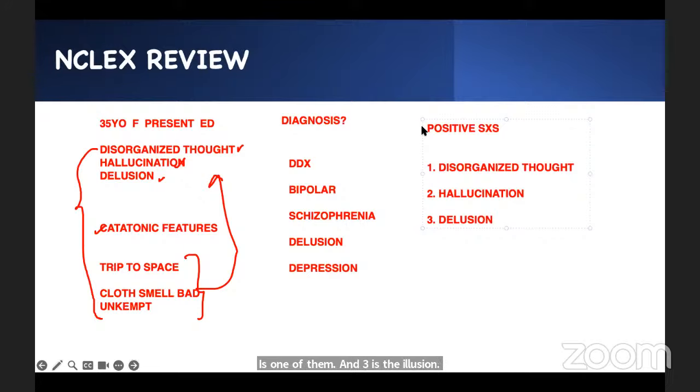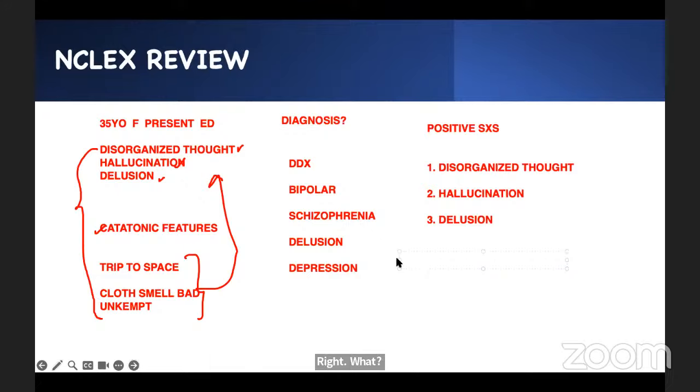Catatonic features are basically negative symptoms. I call them depressive-like symptoms. They can stay in one place and never move. You can put your hand in one place and the hand stays there forever, right? Those are things you need to pay attention to: lack of motivation, lack of desire to do things. They look like they're depressed, but they're not depressed, right?